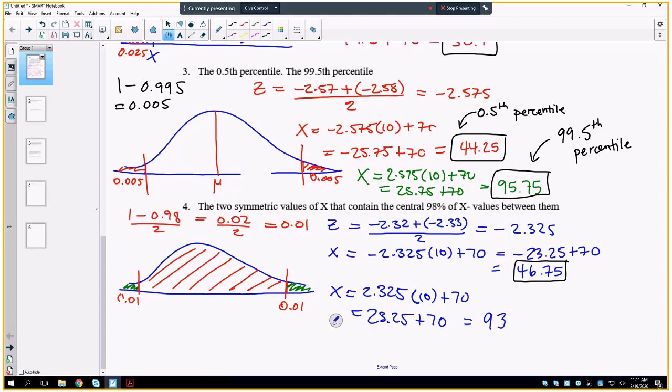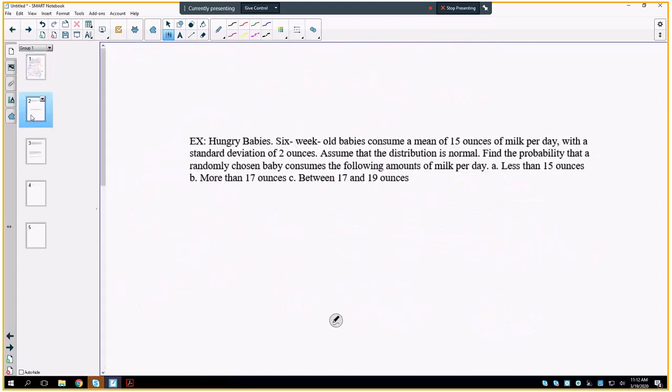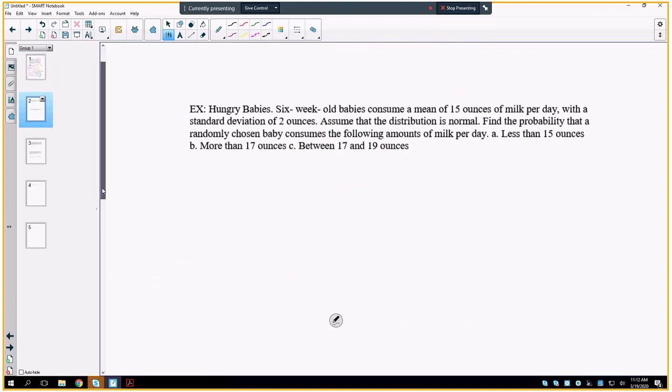So 93.25 is the other x value. So now I have two symmetric x values that 98% of the data is contained between them. Exactly what I wanted. Answers my problem.